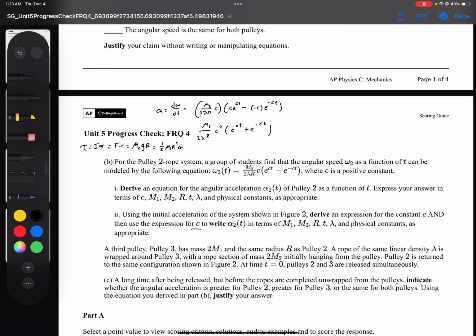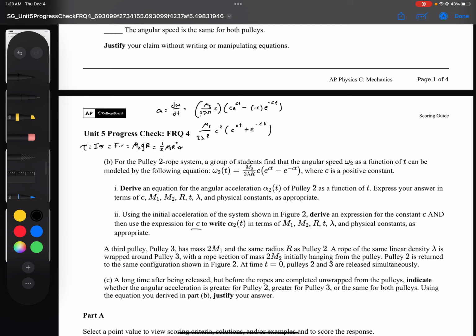And we need to come up with an expression for C. Let's see here. To write alpha 2 of t. All right. So here, let me resolve this.